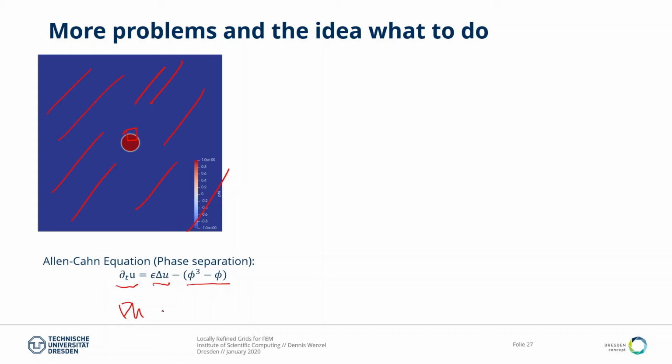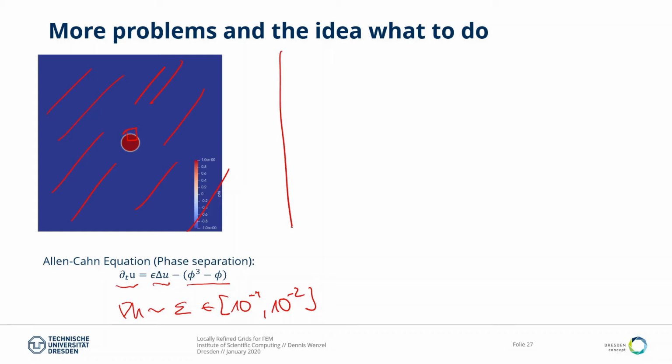So the gradient of u is roughly as steep as your epsilon, which is usually in the range of something like, I don't know, 10 to the power of -4 or 10 to the power of -2, something like this. So it's a very, very steep gradient. So you probably need a lot of grid refinement to actually capture this behavior.